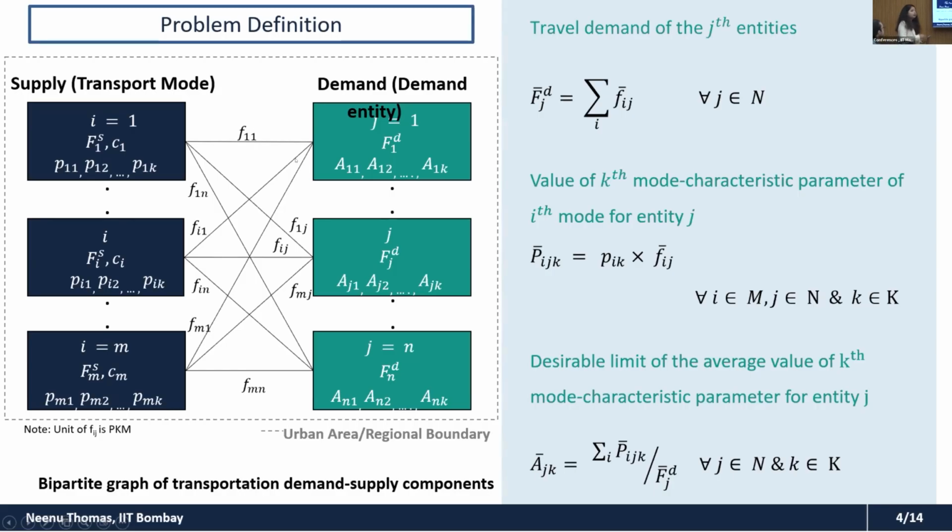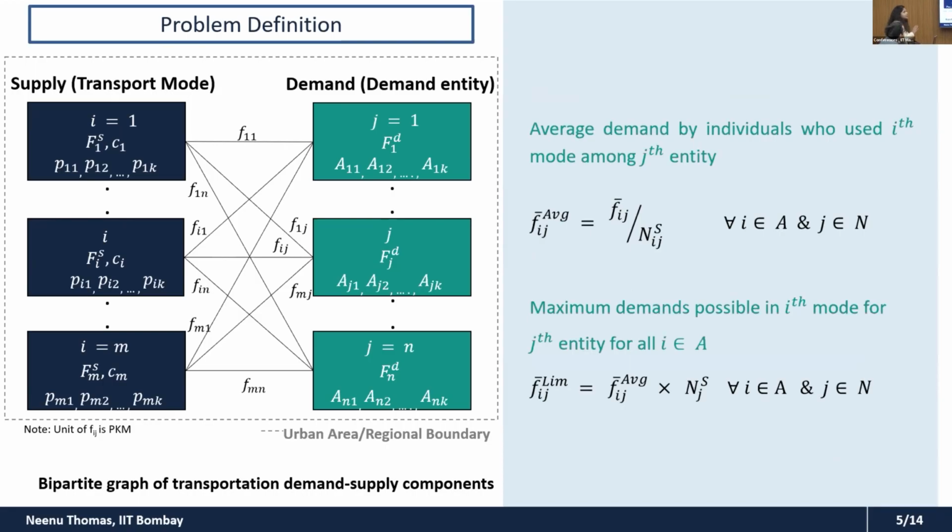Let's say if I have a limit, again travel time, I know how much travel time I take per passenger kilometer, and if I know the values of each of the FIJs, I can calculate the overall limit. Then like I already said, we have a desirable limit. So the desirable limit also can be evaluated based on our sample data for a city.